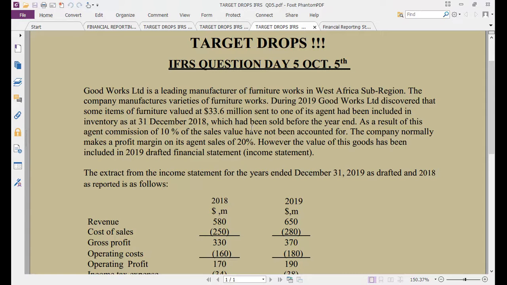They have been sold. So therefore, we have to correct that. It was discovered in 2019. So the error took place in 2018, but the discovery was when? 2019. That's why we call it a prior period error. This error is not a 2019 error.